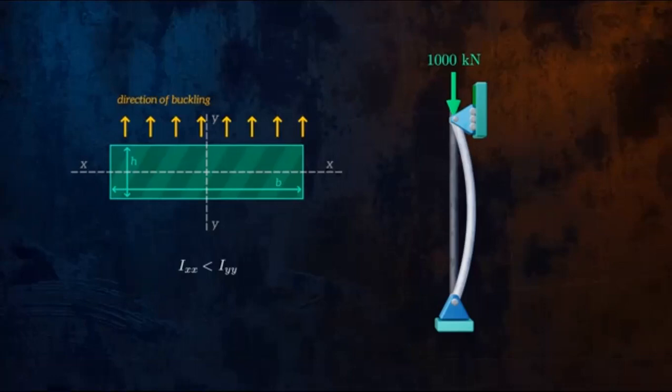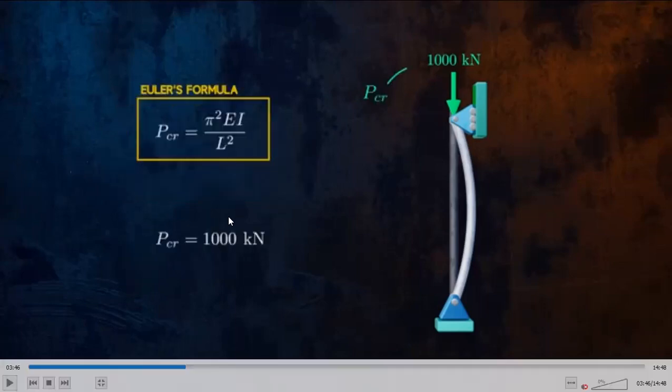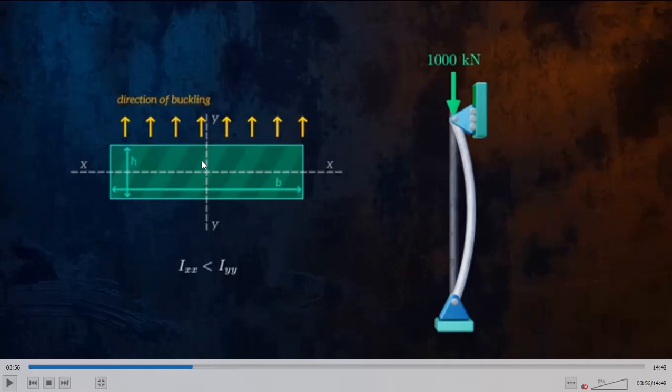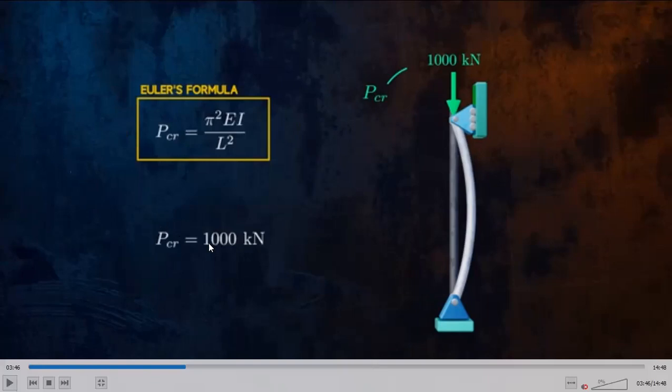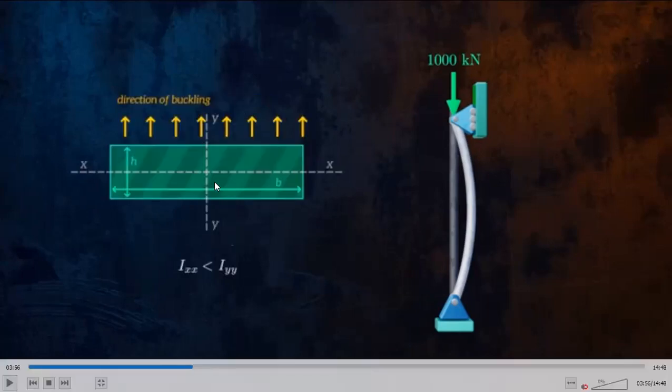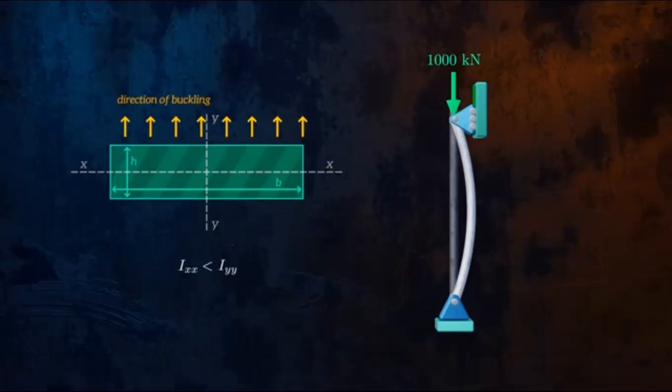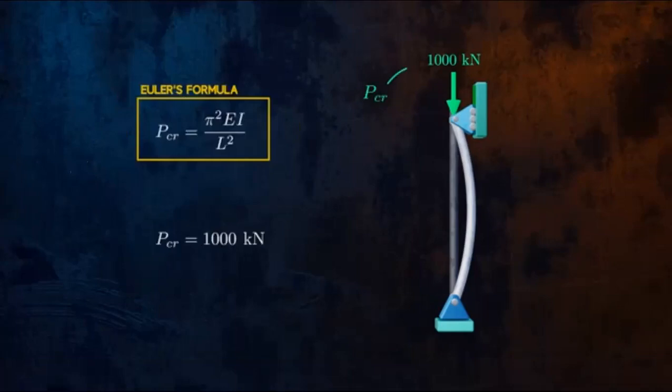Let's say that with Ixx you calculate 1000, and with Iyy you calculate, let's assume, 4000. The critical buckling load is the lowest one. When it is 1000, it buckles about the x-axis, so it will never reach 4000. Why? It has already buckled.